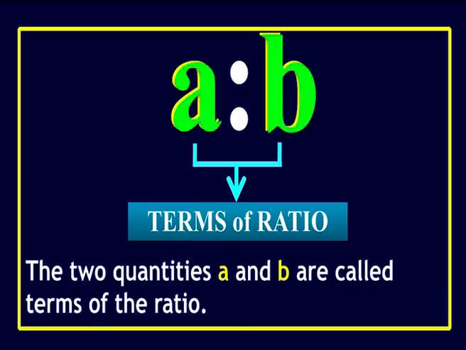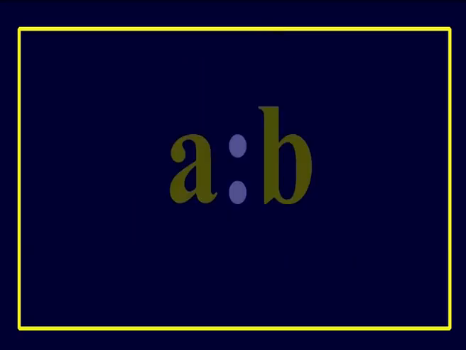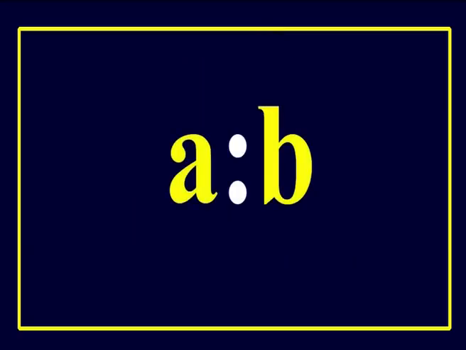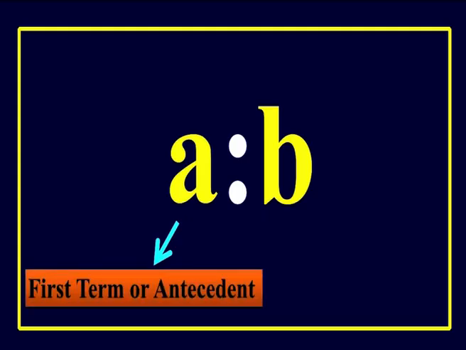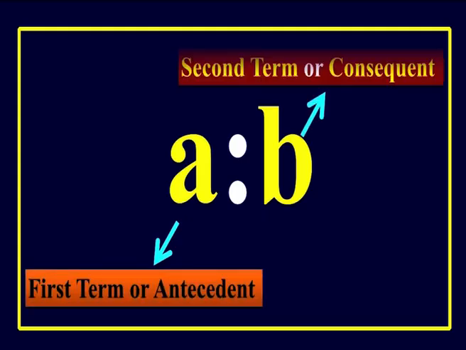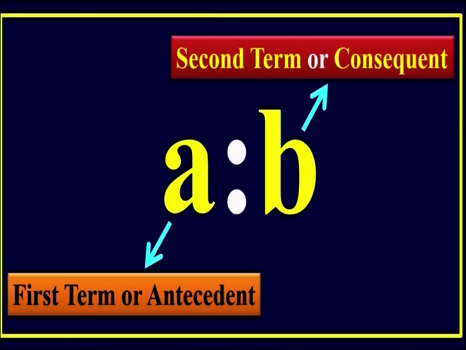A is called the first term or antecedent, whereas the second one, B, is called the second term or consequent.